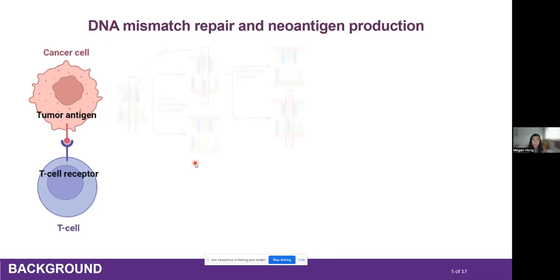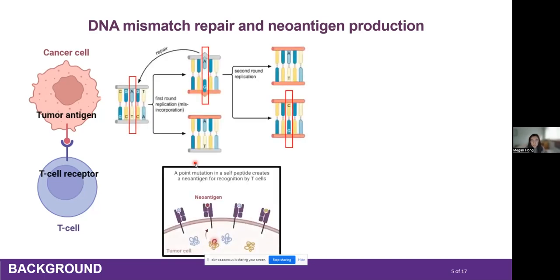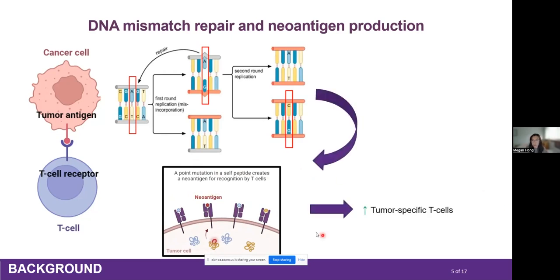And some of these mutations can lead to the production of mutated antigens that are recognized as foreign, and these are known as neoantigens. So these neoantigens can be used to prime and activate tumor-specific T cells.